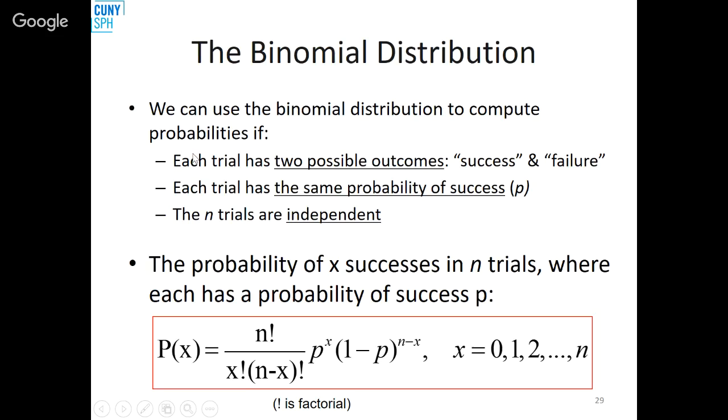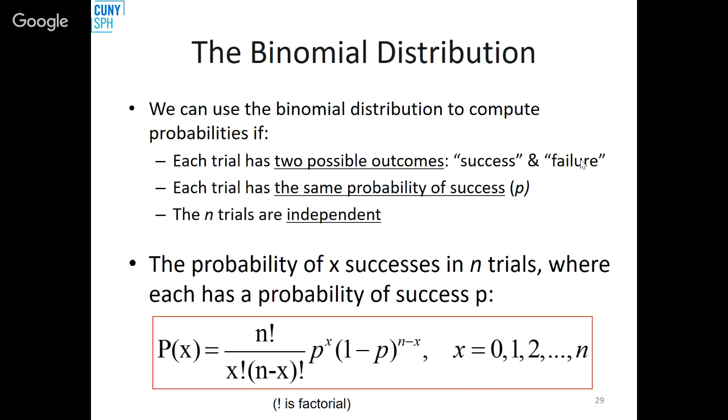It applies to what is called a Bernoulli trial, which is one where we have a series of events, each of which has 2 possible outcomes, and we call these either a success or a failure, even though it might not be obvious which is a success and which is a failure, such as with a coin flip.